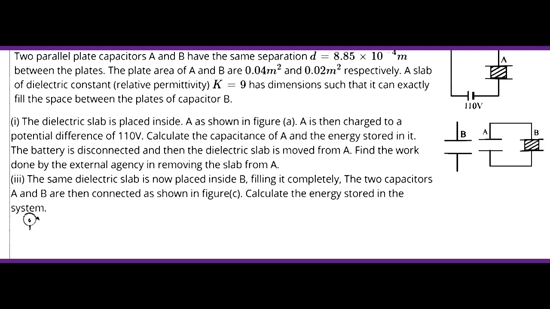In the first, we are asked for the capacitance.